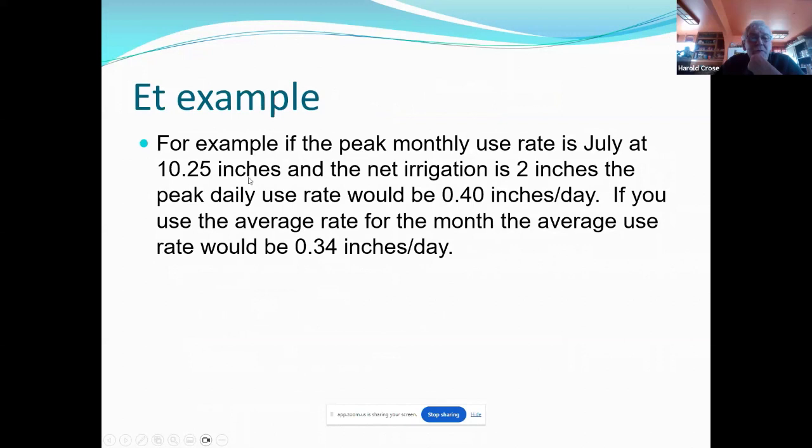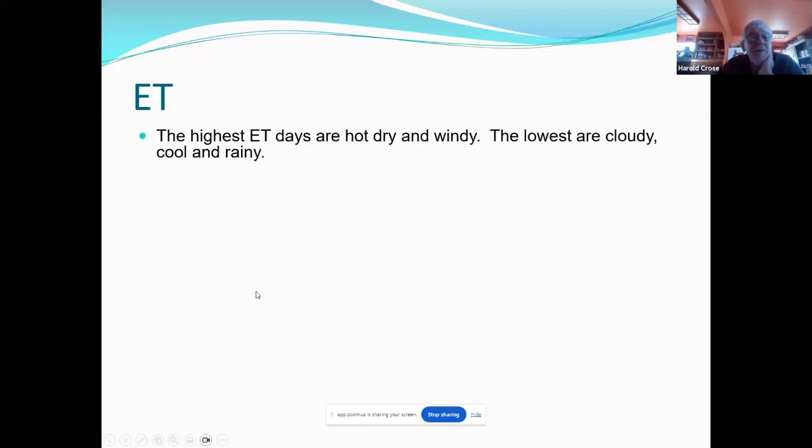In this example, 10.25 inches. Net irrigation is 2 inches, 0.4 inches per day, and your average use rate would be 0.34. So there are ways of calculating that. If we're going to get down into that detail, we need specific sessions that talk about these topics in more detail, but I just don't have time today to go through all that.